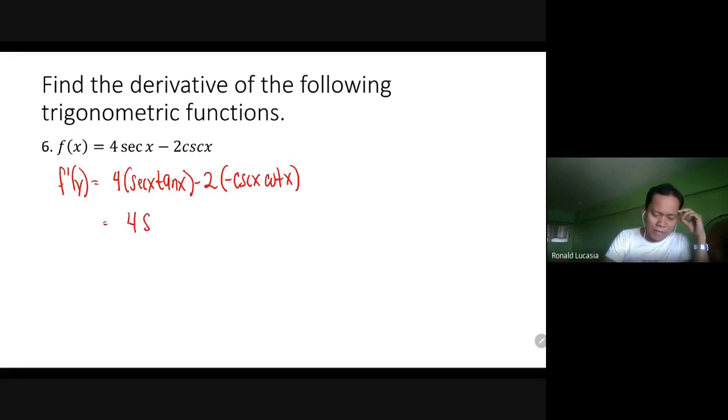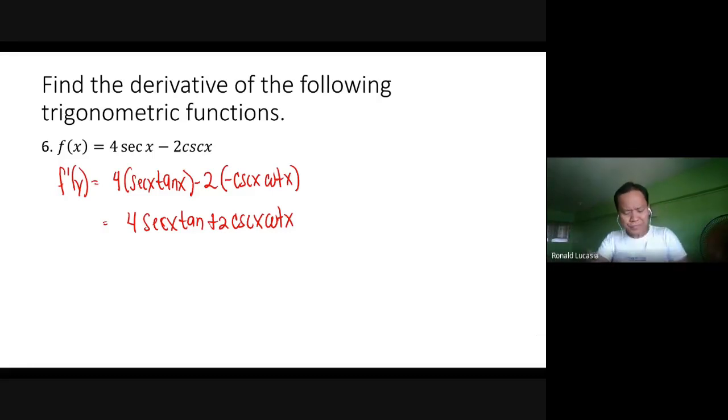So, this is 4 secant x tangent x. Negative 2 and the negative yung cosecant. That's positive 2 cosecant x cotangent x. And we are going to accept also yung sagot nyo na 4 secant x tangent x, huwag kalimutan yung x, plus 2 cotangent x cosecant x.